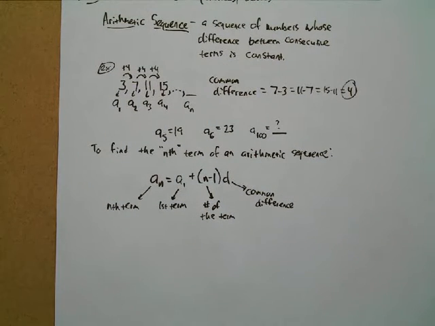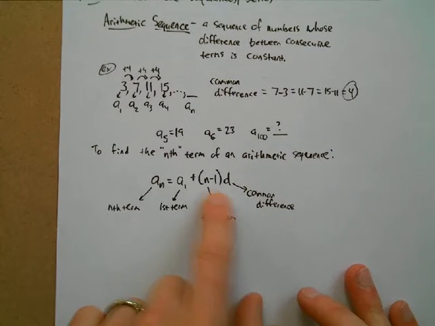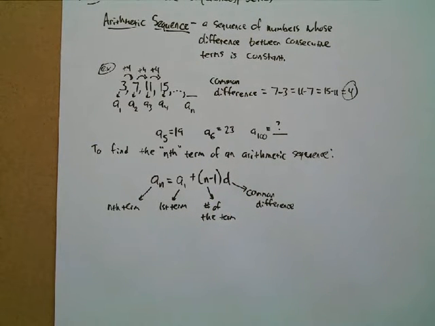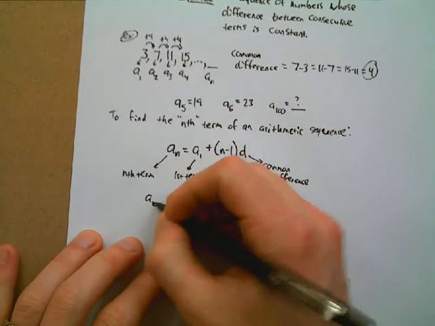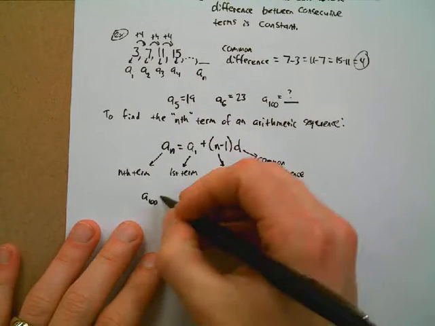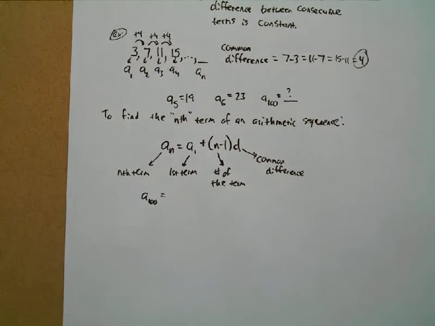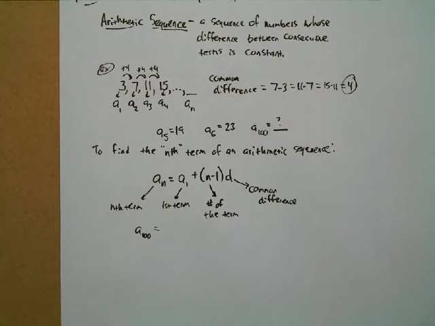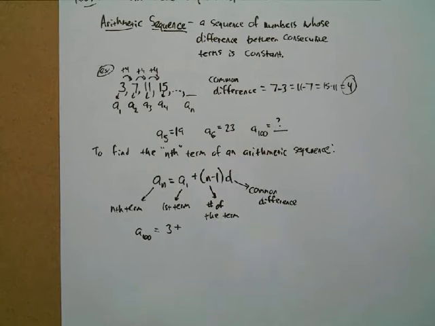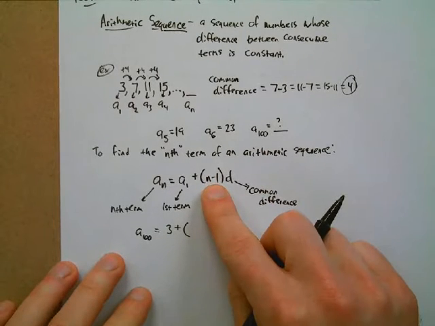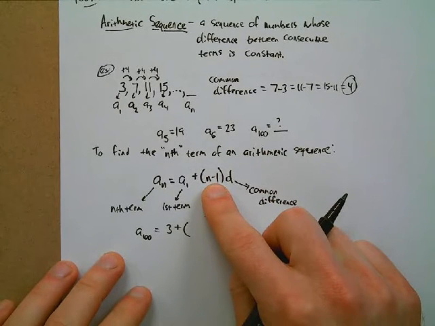So then, to find a sub 100, or the 100th term, that's going to equal our first term. Well, what was the first term in our sequence? 3, plus, okay, what's n? 100, right? Because it's the nth term, so the n here is 100, so it's 100 minus 1, and then what's our common difference again? 4 in this case, yeah.